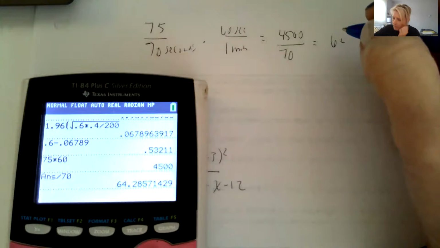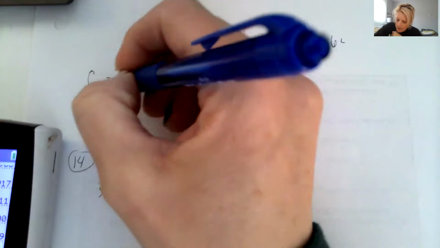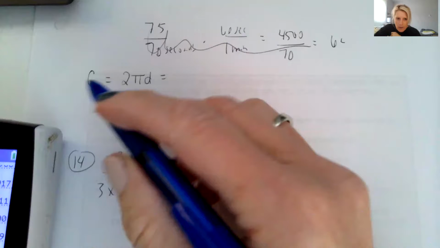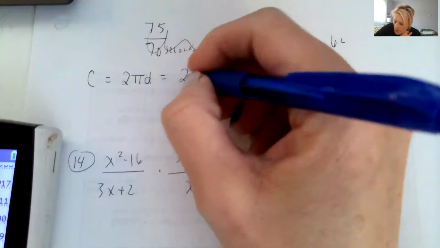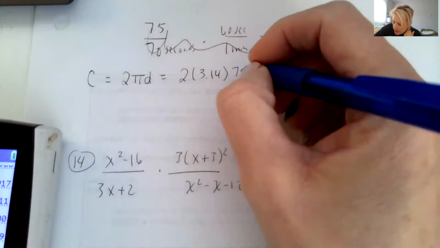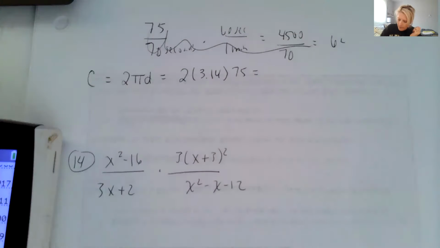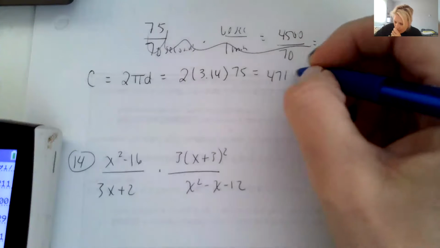Oh, we have to find the circumference first. So we need to know our circumference equals 2 pi times the diameter, so that we know the distance that we're traveling around. So the distance is going to be 2 times the 3.14 times the diameter of 75. So 75 times 2 times 3.14 is 471 feet.